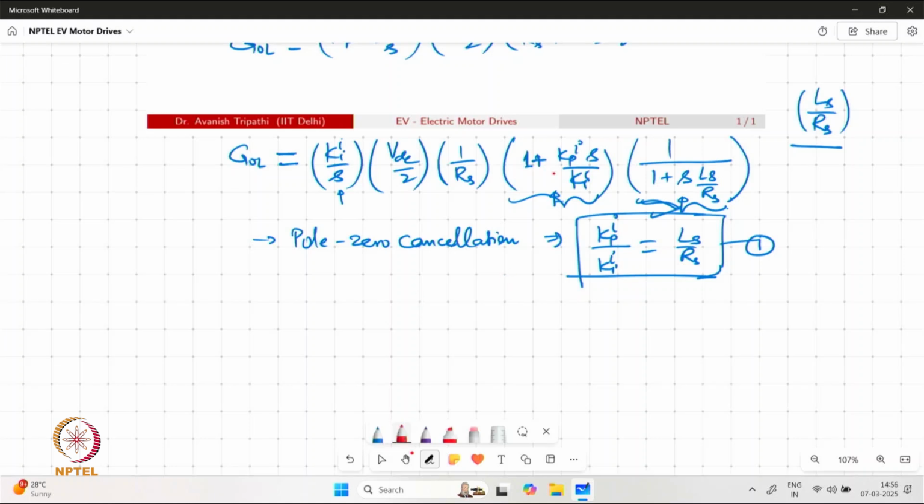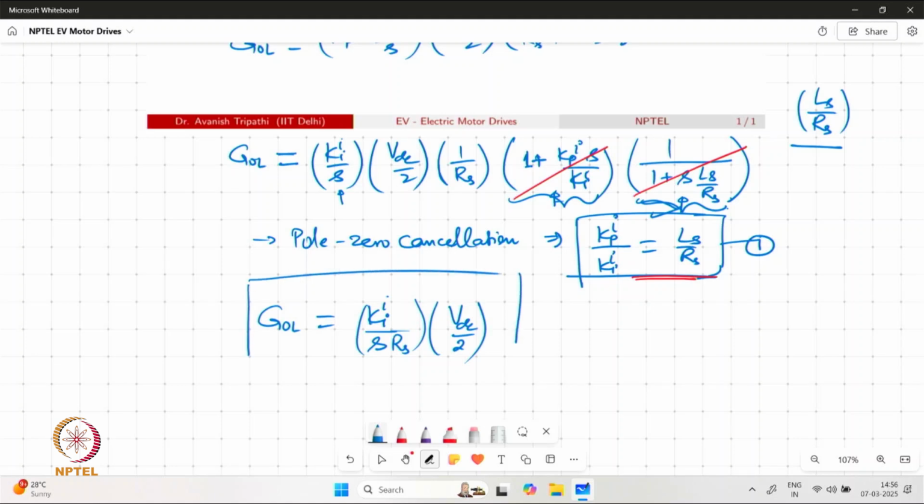Once we have made this rule, the impact of the zero and the impact of the pole are cancelling each other. Now the remaining components can be taken out further and we can segregate it in this manner.